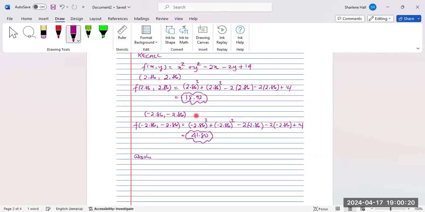One of the negatives, right. So my absolute maximum is 41.80 at negative 2.86, negative 2.86. And then my absolute minimum is going to be 18.92 at positive 2.86, 2.86. Done.